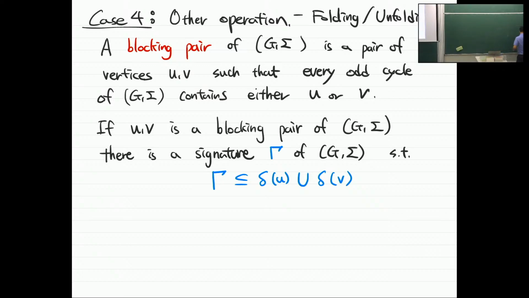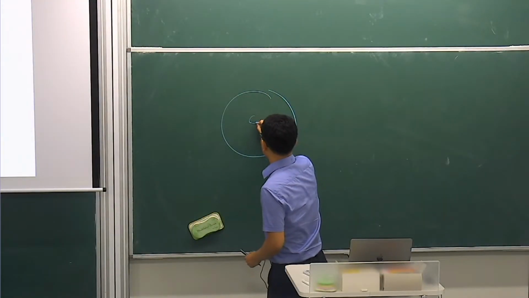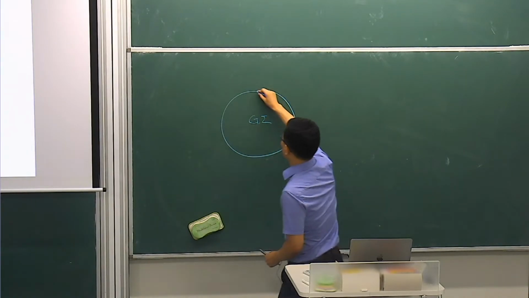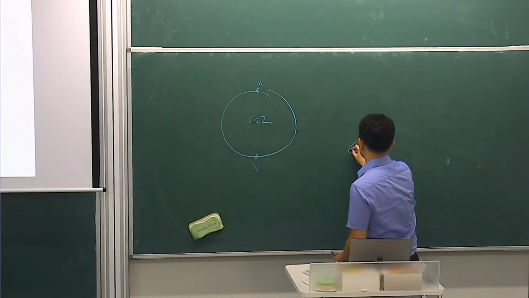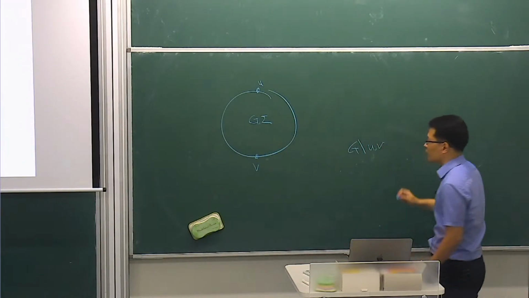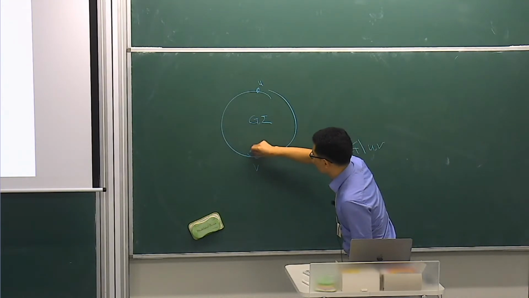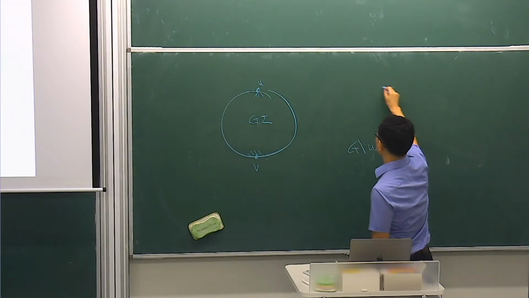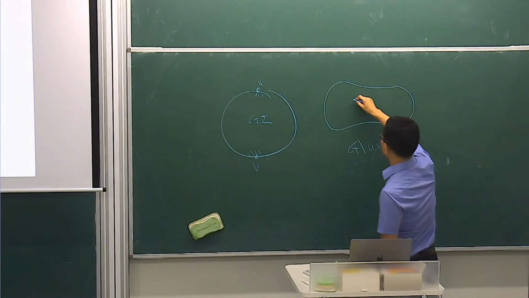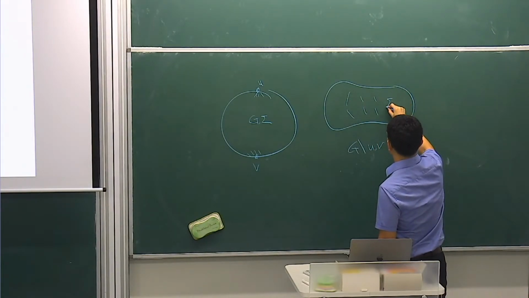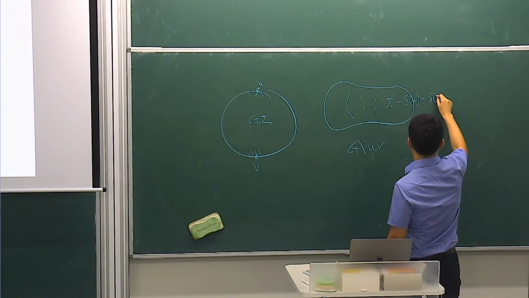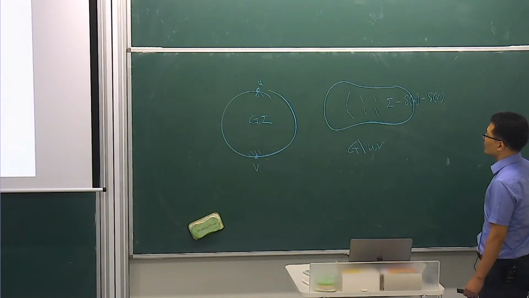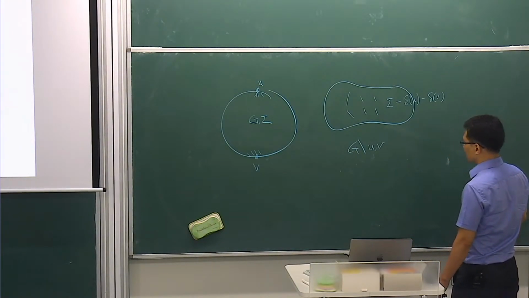So maybe let me draw a graph. This is our graph G sigma, and there are U and V, and consider G delete UV. So we delete all these edges. And there's a remaining signature, sigma minus delta of U minus delta of V, right?